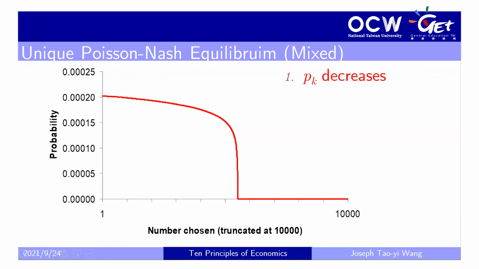The probabilities decrease, so choosing 1 has the highest probability, and it goes down. In the original Swedish version, it goes to 99999, but in our classroom example, it goes to 100. But all of these probabilities have to be positive, and it drops slowly, but after a cutoff, it drops very quickly and asymptotes to 0.